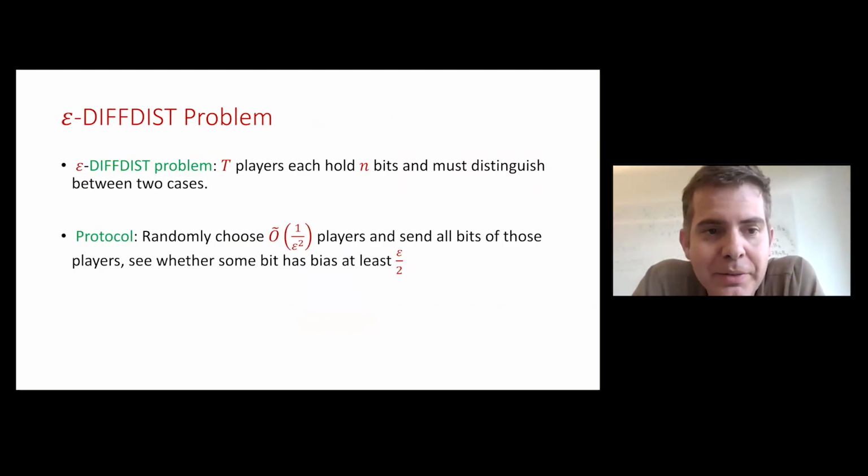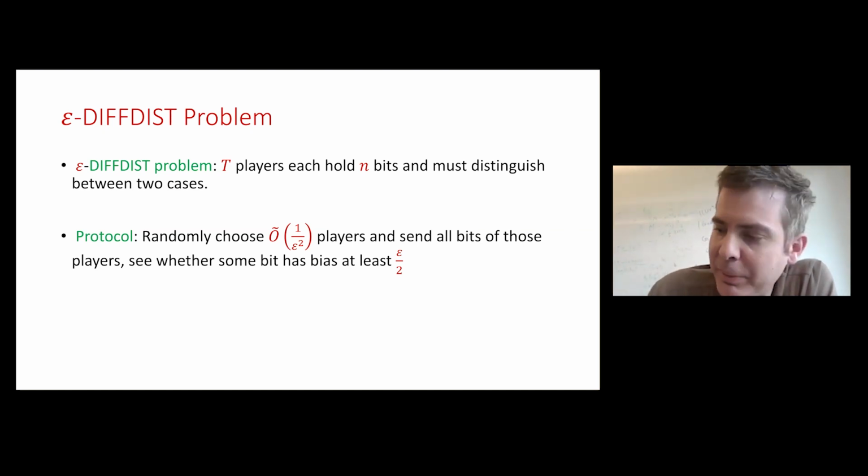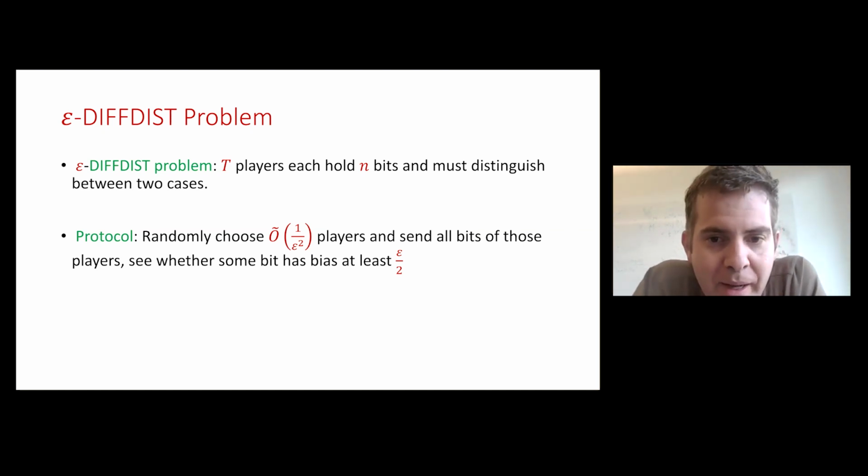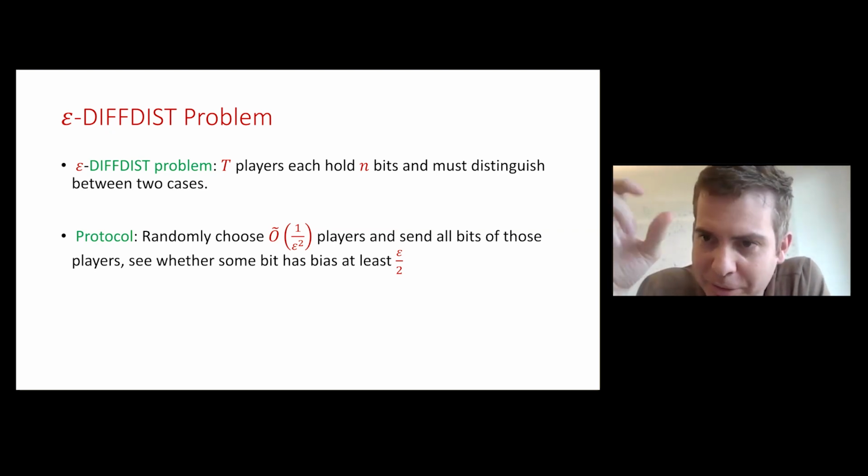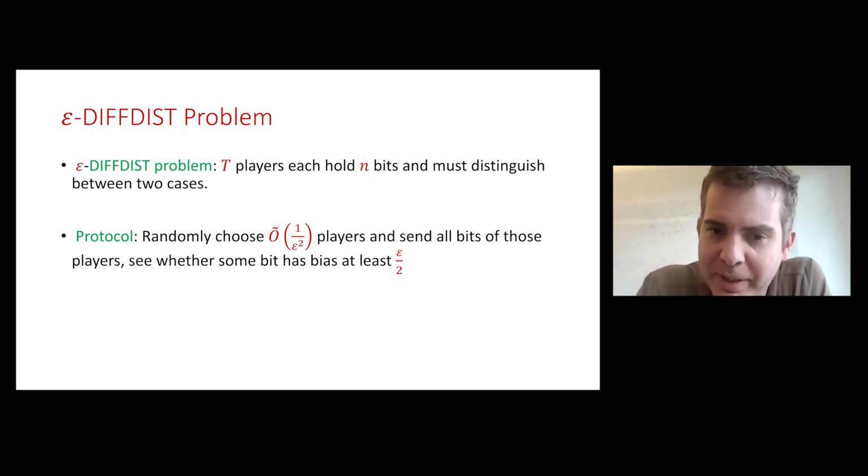So that's the epsilon diff problem. T players each hold n bits and must distinguish between the 2 cases. Now, there's a simple upper bound for this. Randomly choose order 1/epsilon squared players times a log factor, and send all bits of those players to each other. You only need 1/epsilon squared coin tosses to distinguish bias 1/2 plus epsilon versus bias 1/2.